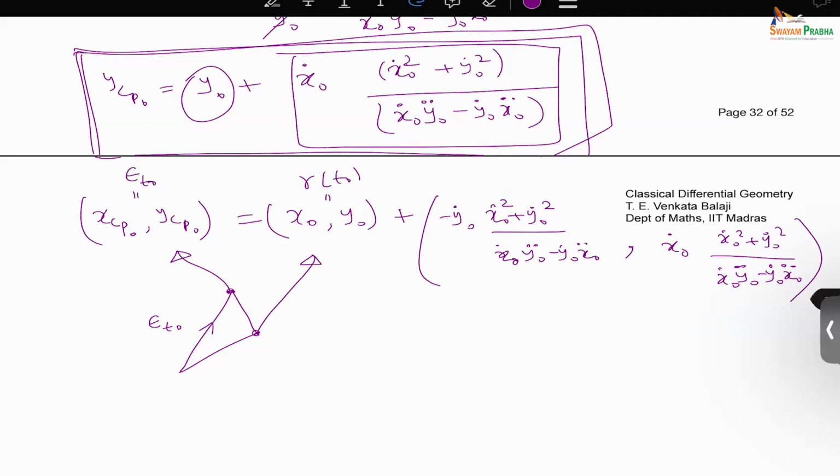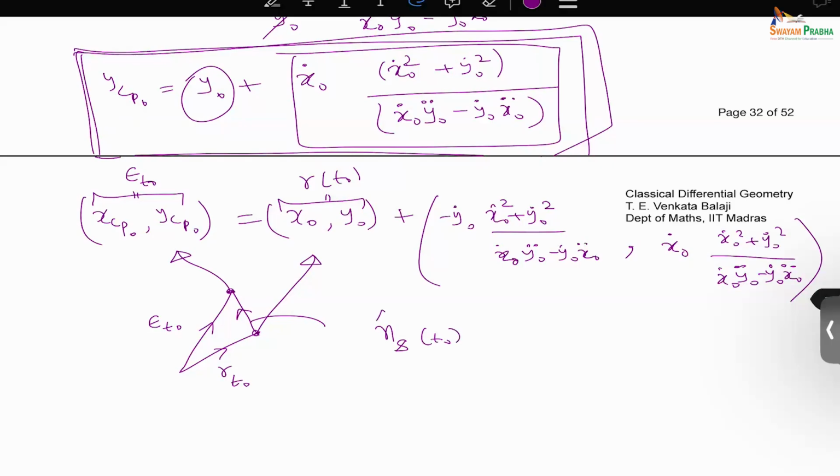That's what it is, if you write the vector as a pair of components. And then what is this fellow here? I am interested in this fellow. This is gamma t naught, and this fellow here, I told you, is the signed unit normal times radius of curvature. So this fellow is going to be n_s. I will use subscript s to say signed unit normal at t naught.